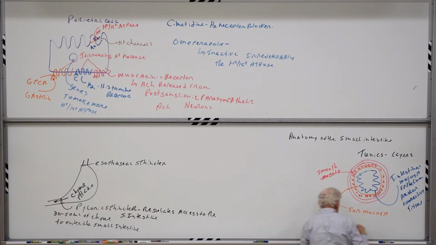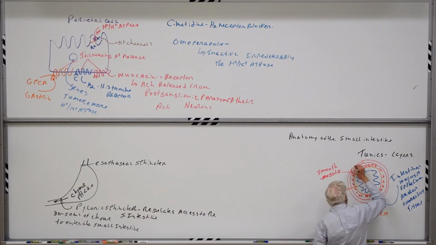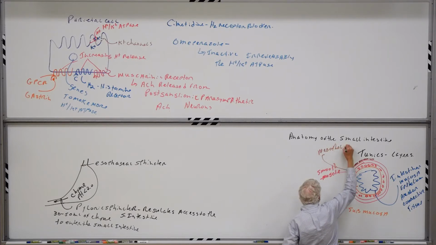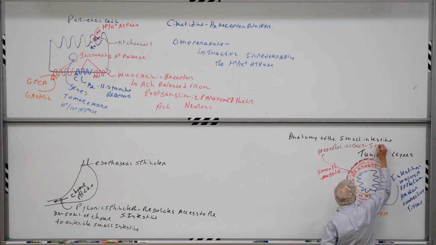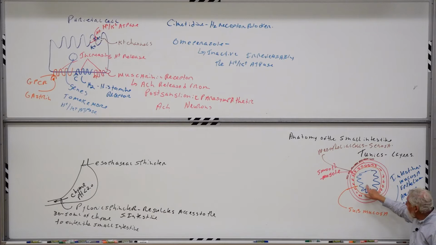And then beyond the smooth muscle, out here is now going to be that layer that we talked about before. This is the layer of the mesothelial cells, known as the serosa. So fundamentally, we have the same kinds of layers that we described before. We have a mucosa, a submucosa, a muscle layer, and then the mesothelium.